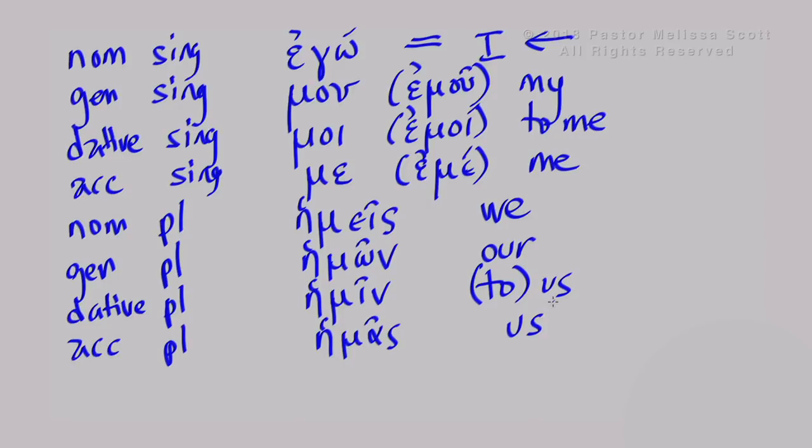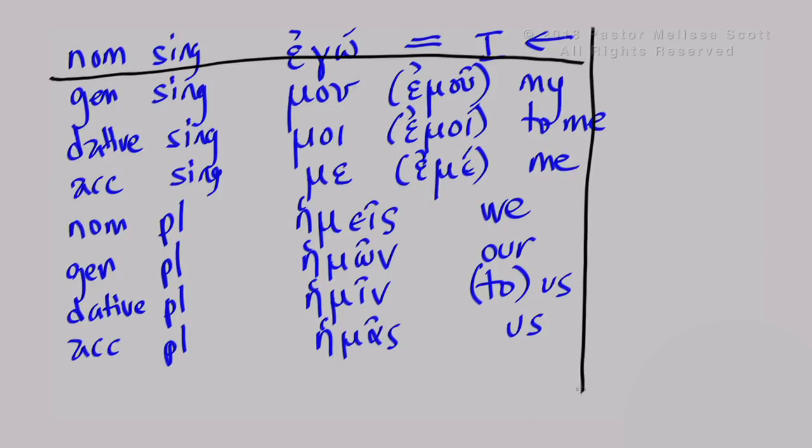I think I have room here to do the second person in a different color. And just right in between the spaces, or maybe right down here. Yeah, we'll just use a pretend line going straight across, right? So, let's see if I can squish this in here. Nominative singular, second person.